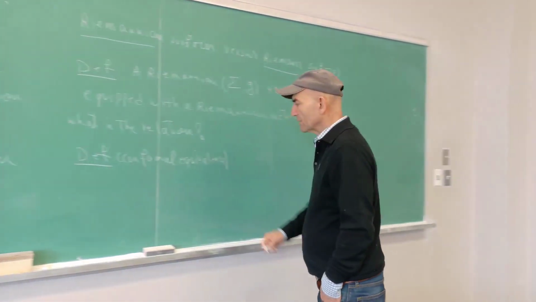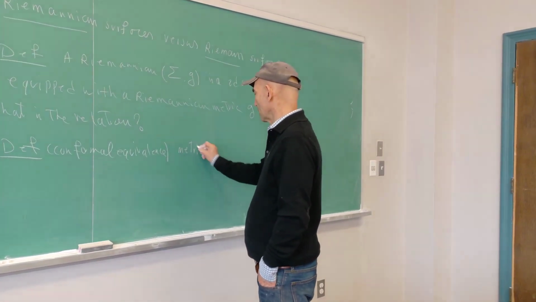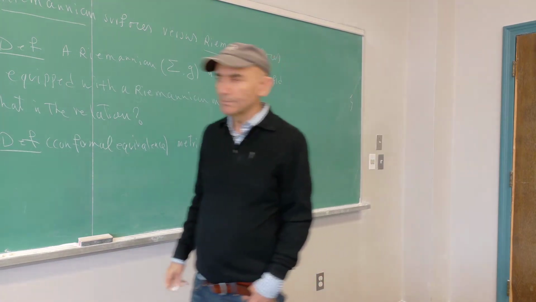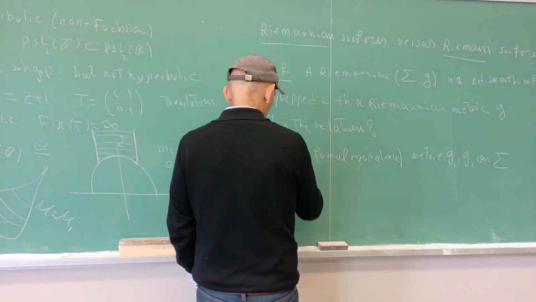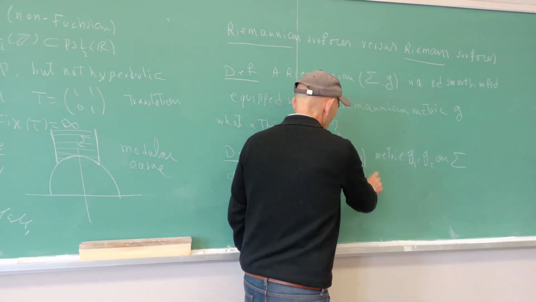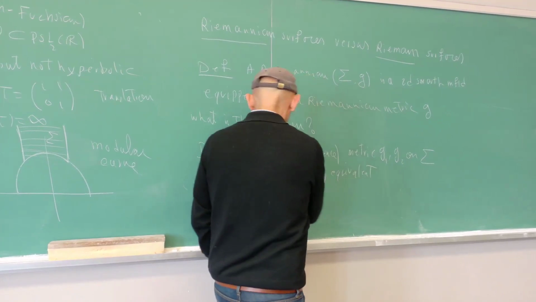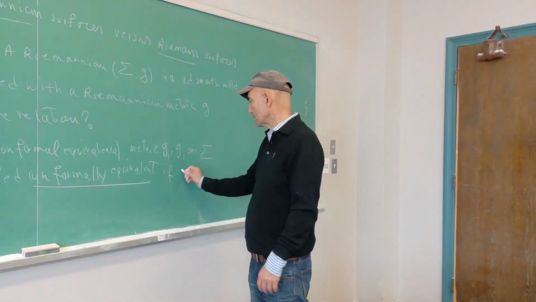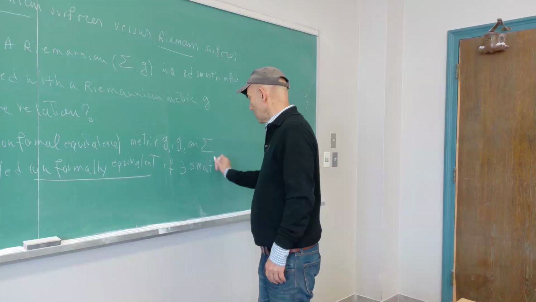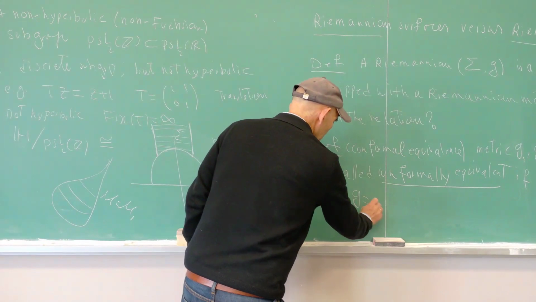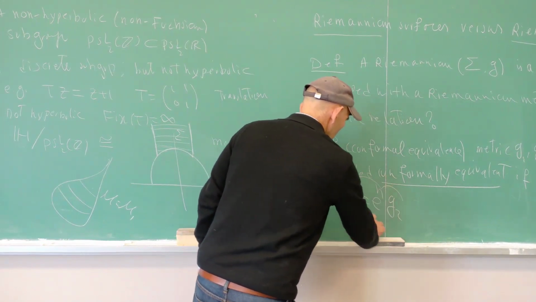The definition is this: the metrics g1, g2 on sigma are called conformally equivalent if there exists a smooth function h from sigma to R such that g1 is equal to e to the h times g2.